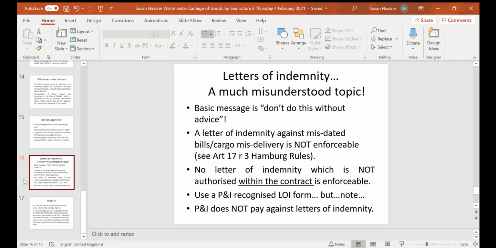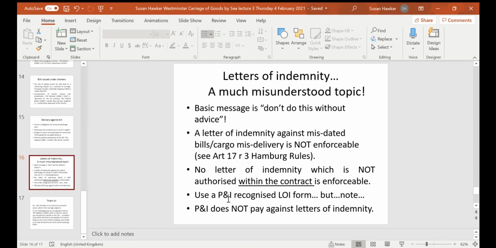Secondly, it must be a P&I recognised letter of indemnity form. It must be. If you, as the carrier, accept a letter of indemnity under any other form, you may find you're without your cover for the whole adventure.